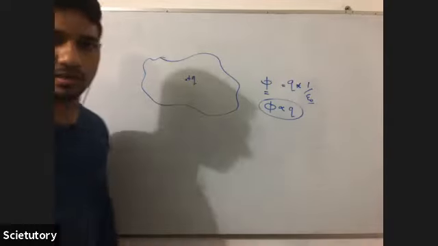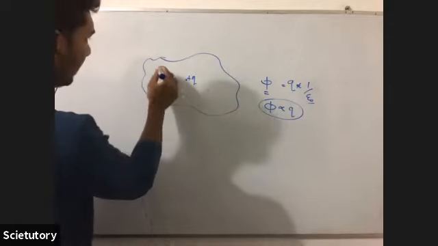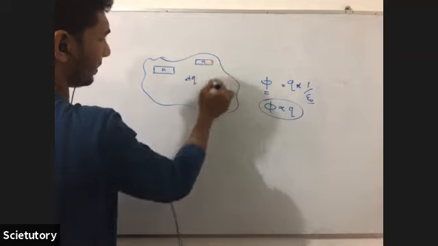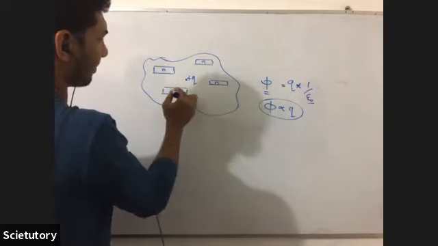Now in our system, there is a plus Q charge, three n-type semiconductors and one p-type semiconductor.